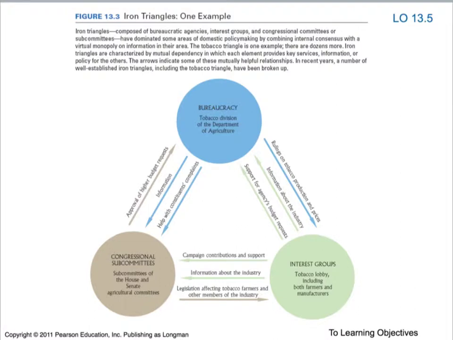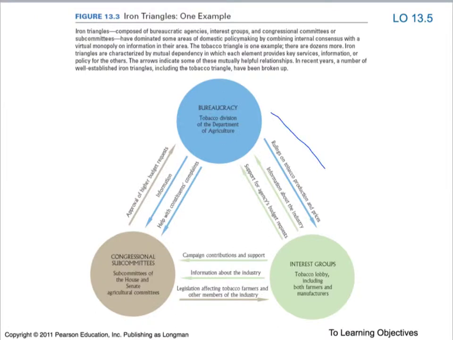So this is the tobacco division of the Department of Agriculture that's working with interest groups for tobacco. The tobacco companies, the farmers, and the manufacturers. Your subcommittees over here are also working with the rules, and so you have interaction.